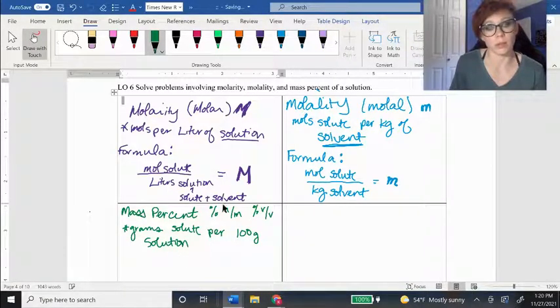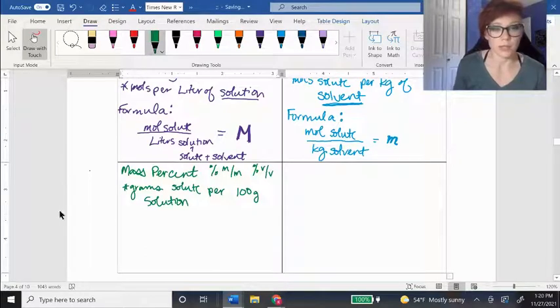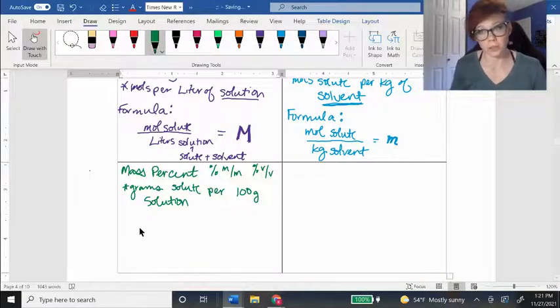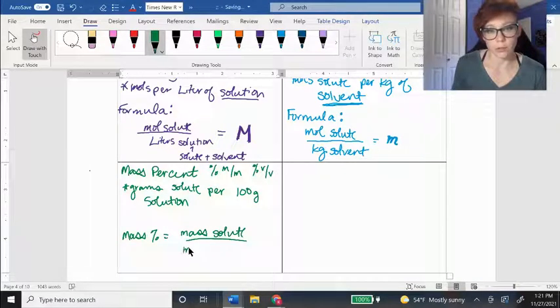So again, remember your solution is your solute plus your solvent. Your formula for mass percent, again, if you want to put this on the back of your periodic table, be my guest. Do it. Mass percent is equal to mass of solute over your mass of solution times 100.